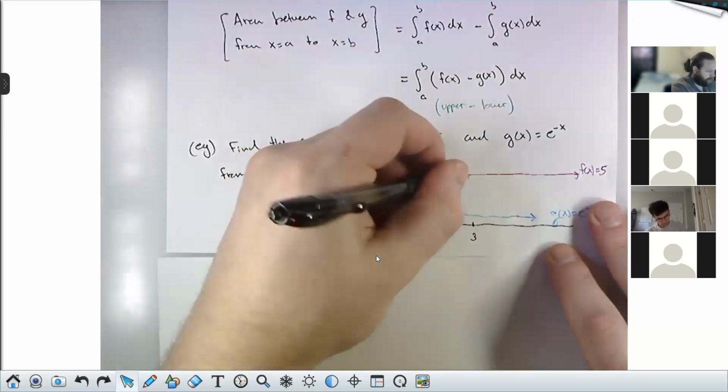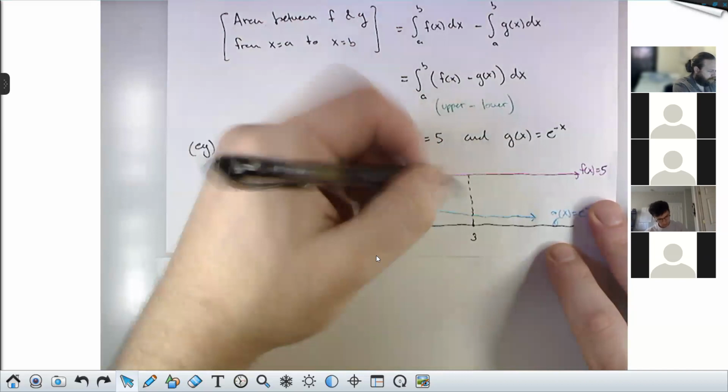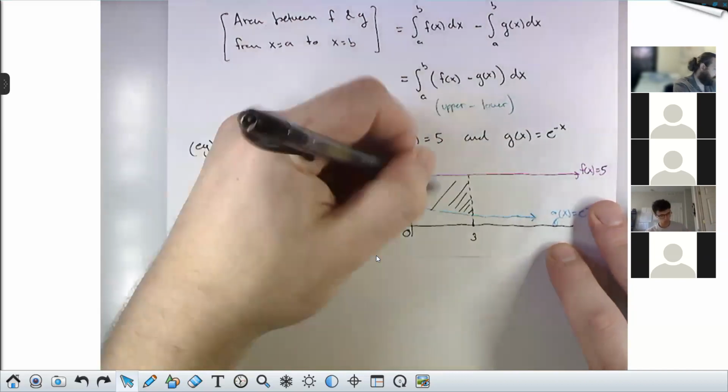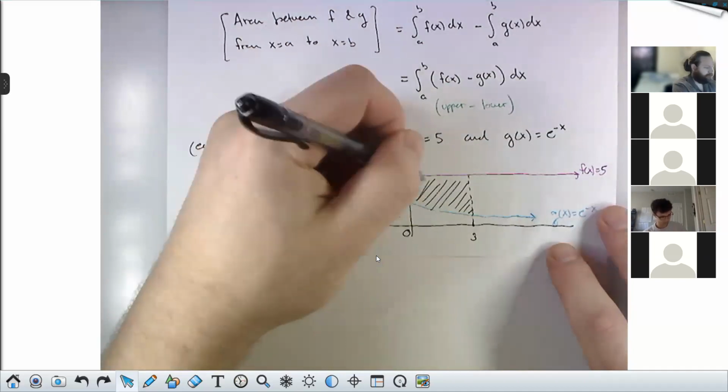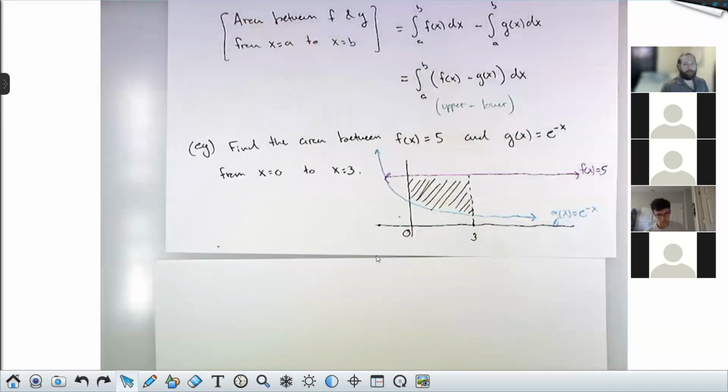So the area that I'm looking for is the area between those two curves from 0 to 3, which is this area. And according to the rule above, what we need to do is just integrate the upper function minus the lower function from 0 to 3.